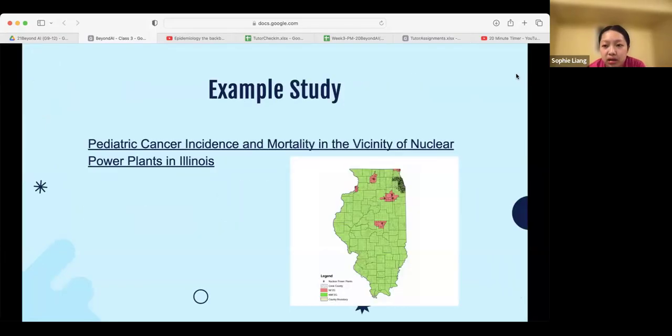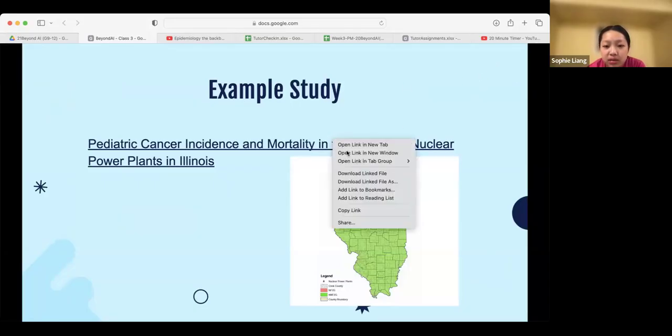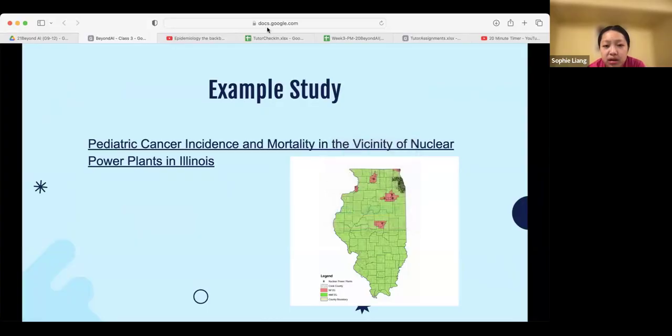Okay. There's this example study, and then we can look at this. I'll put the link to the study in the chat, and then you guys can look over it, and then we can kind of look at the study. So I'll give you a few minutes just to look over the study for now, and then after a few minutes we'll get back together and then we can talk about it.